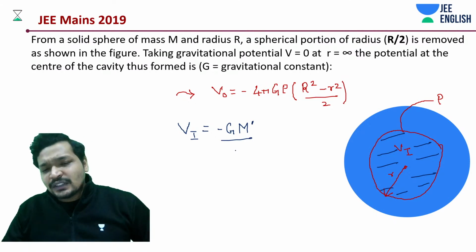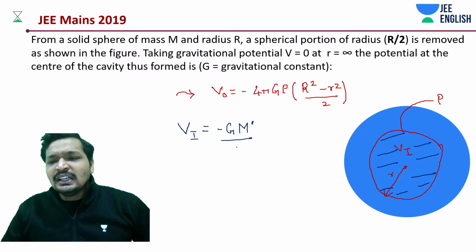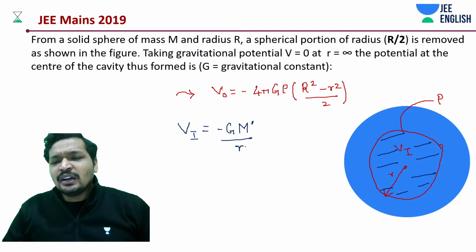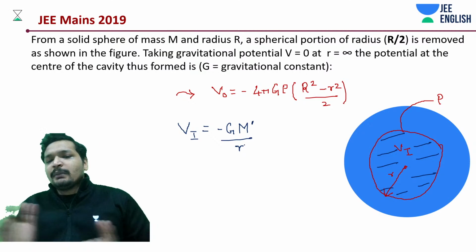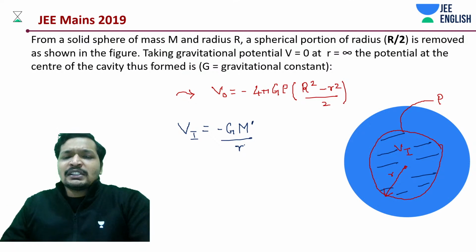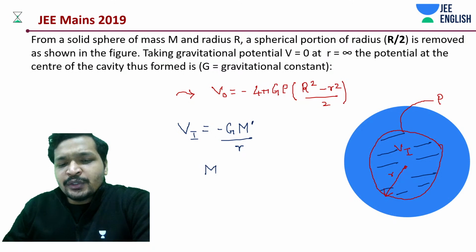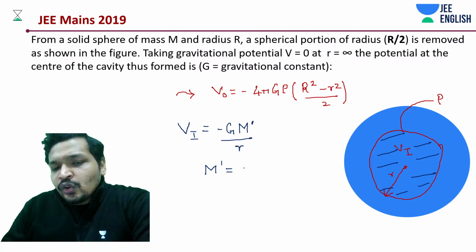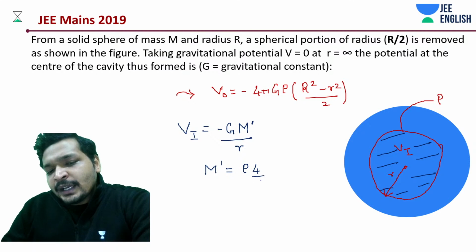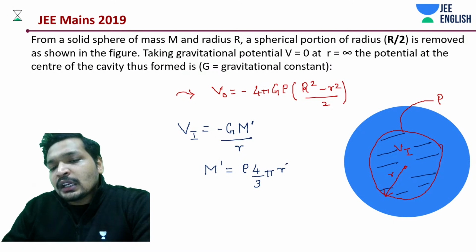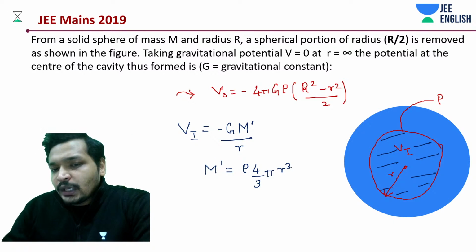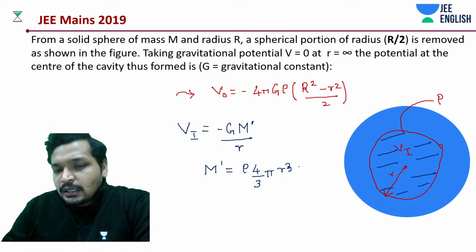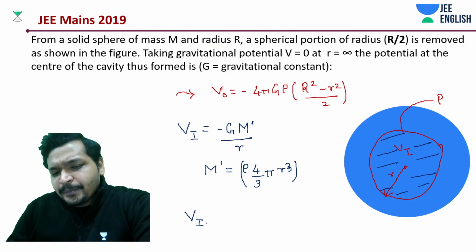As if everything is concentrated at the center, so r dash should be r itself. Minus G m dash by r dash. And what is the value of m dash? M dash value is nothing but rho into 4 by 3 pi r cube. That's m dash.